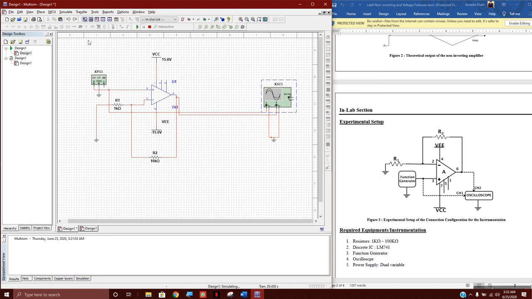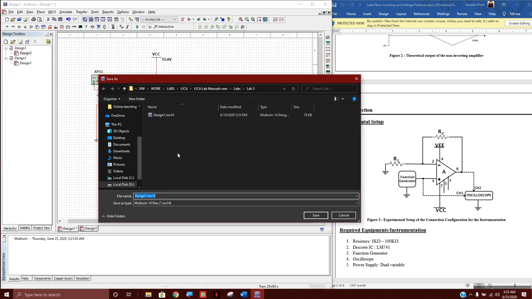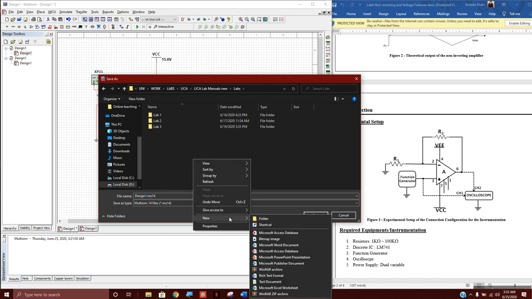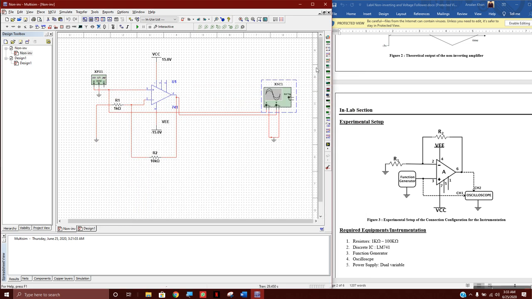I'm going to save this for maybe later use. Save as outside. We will lab 4. Okay.